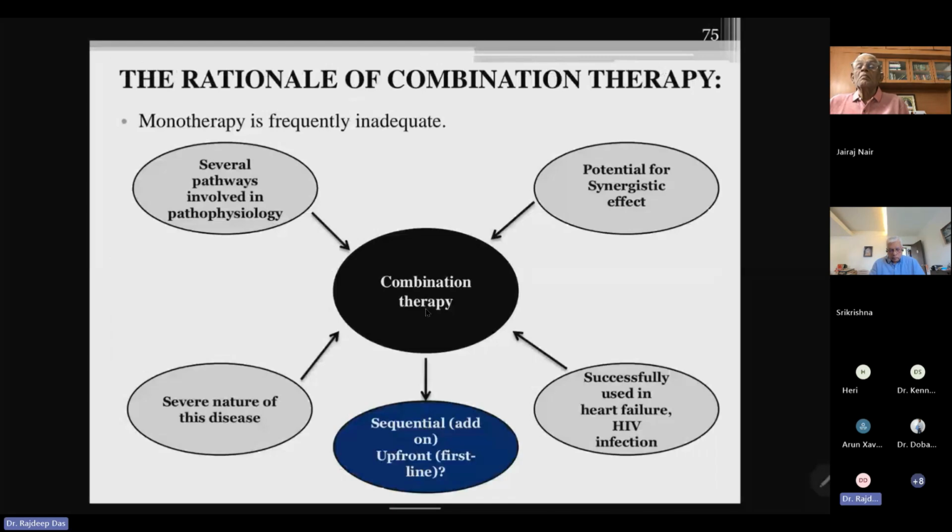The rationale of combination therapy in PAH: monotherapy is frequently inadequate, and combination therapy is always helpful because several pathways are involved in the disease process.